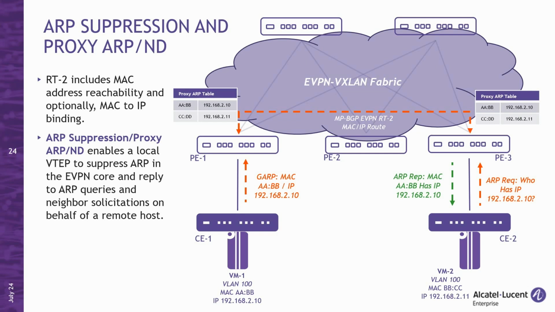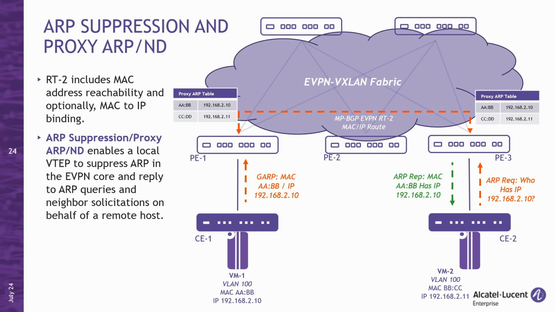So the PEs build proxy ARP or neighbor discovery tables per EVI with the MAC IP information received from locally snooped control packets, for example ARP, gratuitous ARP, neighbor discovery, EVPN, or even static entries.